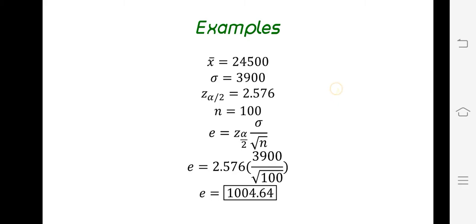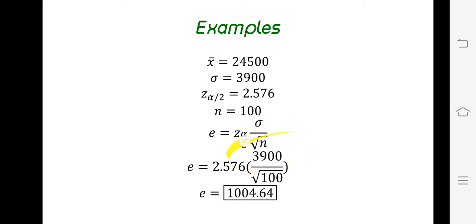Now to compute for the error, we have this formula, and then we are going to replace the variables by their values. So z is replaced by 2.576, sigma, which is 3,900, and n is replaced by 100. If you are going to put this on your calculator, you can enter it like this.